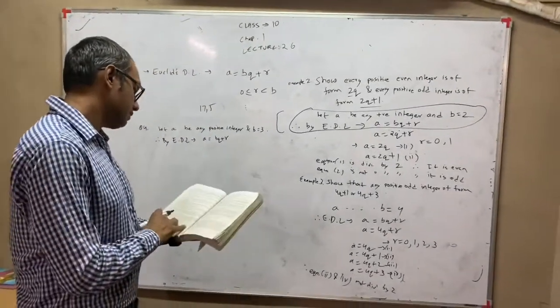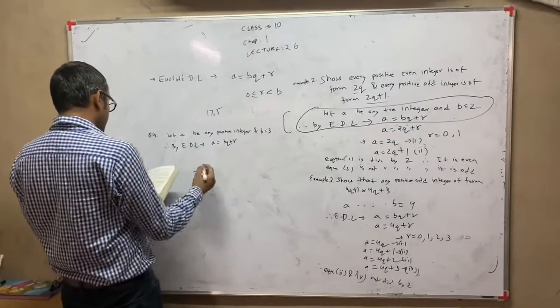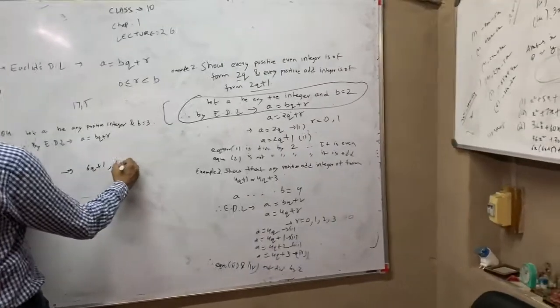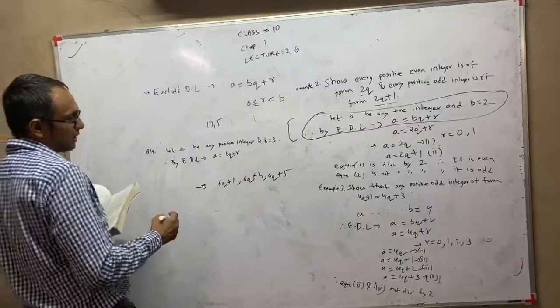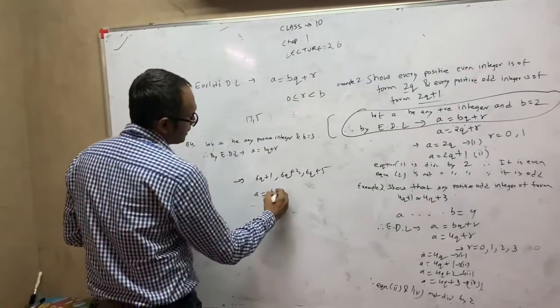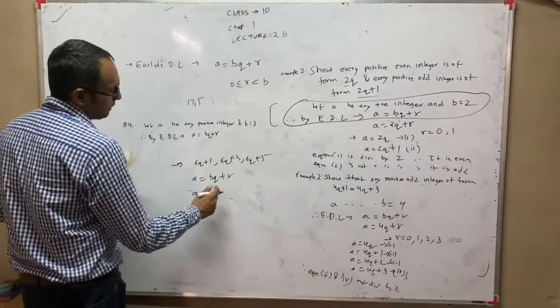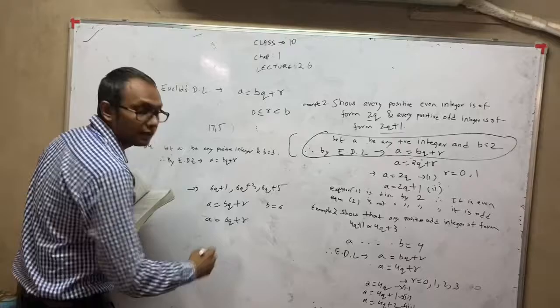Now if you see question number 2, show that any positive odd integer is of the form 6q plus 1, 6q plus 3 or 6q plus 5. So first step, you will write a is equal to bq plus r, and then instead of b we will take 6, so a is equal to 6q plus r.